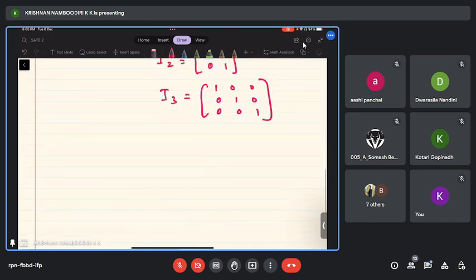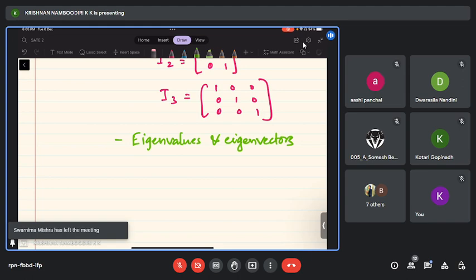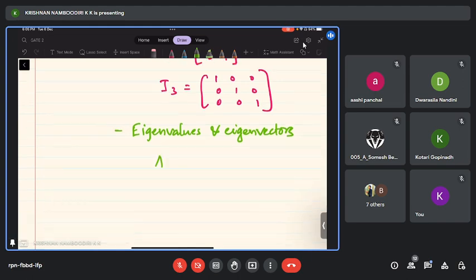Now, coming to eigenvalues and eigenvectors. Usually these two things, eigenvalue and eigenvector, come as a combo: corresponding to every eigenvector there will be an eigenvalue, and vice versa. Suppose A is an n cross n matrix, that means a square matrix of size n cross n.